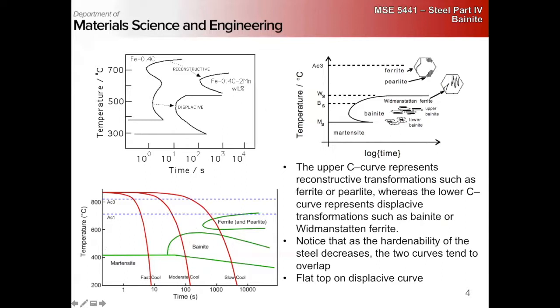So we see this decomposition in a lot of alloys like this iron-carbon-manganese, where we see two noses, one for reconstructive and one for displacive. If we come down here, we're into the bainite. This is, of course, the martensite start temperature here. It doesn't matter how we cool it.